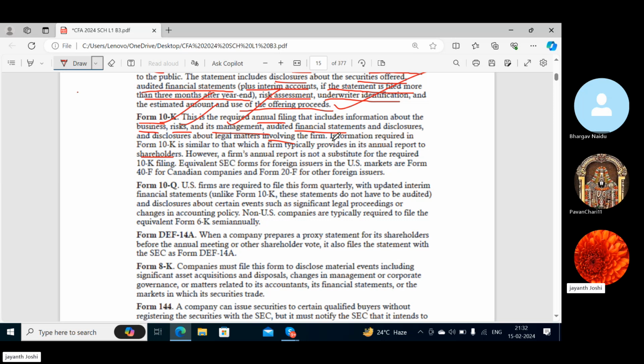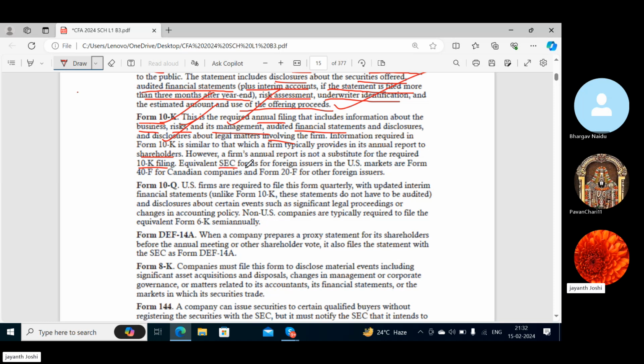But even then, don't think that if they are providing everything in the annual report, they are not going to disclose that information in Form 10-K. No, the annual report is not a substitute for the Form 10-K filing. They cannot say that once we have given all the information there, we are not going to give it here. It is not going to work like that. They have to file under 10-K, and also they have to release the annual reports.